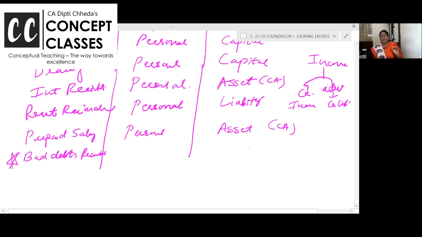Mark it, very important: bad debt is your expense. So bad debt recovered is your income. That's why you take it as nominal. Debit all expenses, credit all incomes and gains. And here also you take it as income, and in bracket write down plus capital.